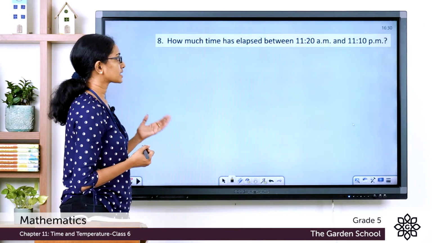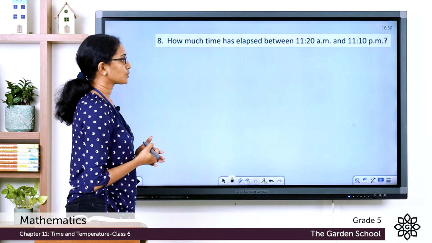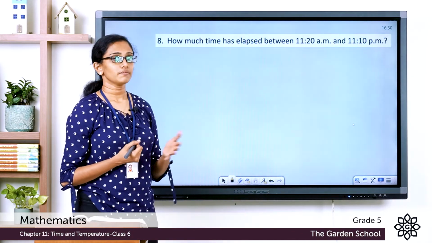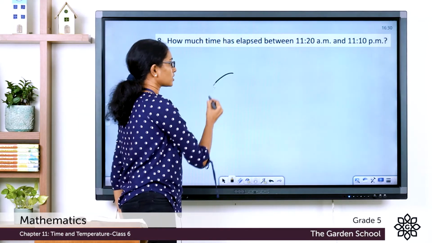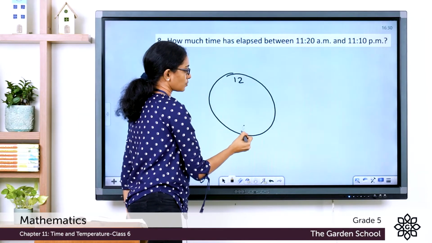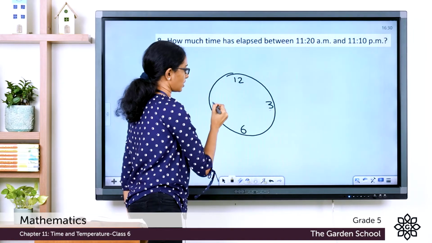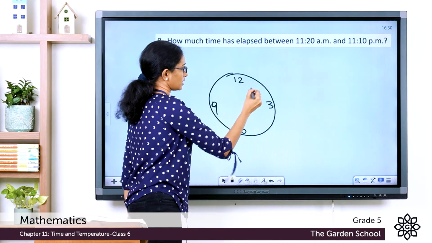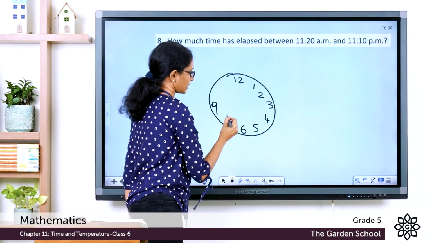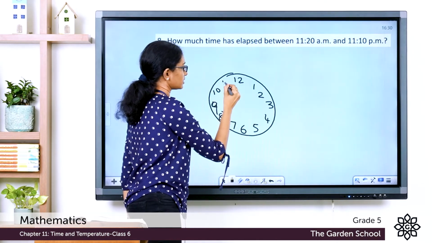How much time has elapsed between 11:20 a.m. and 11:10 p.m.? So we have learned about the clock, and a 12-hour clock will have the numbers from 1 to 12 written on it. So 12, 1, 2, 8 here, 10 here.